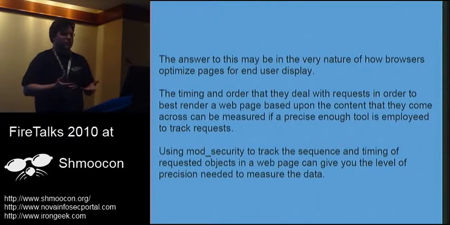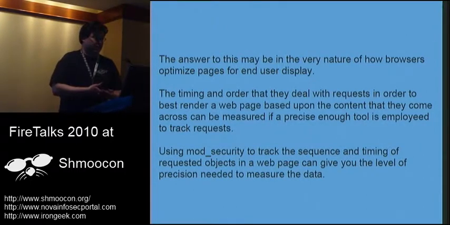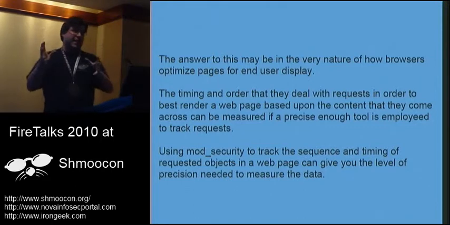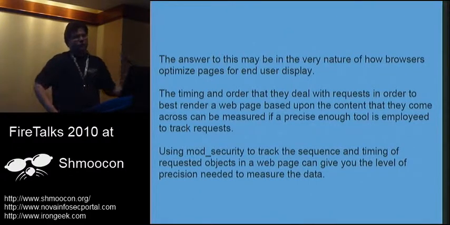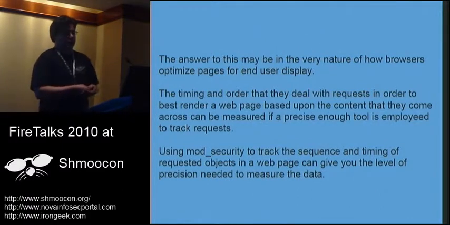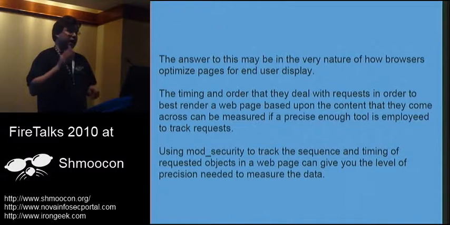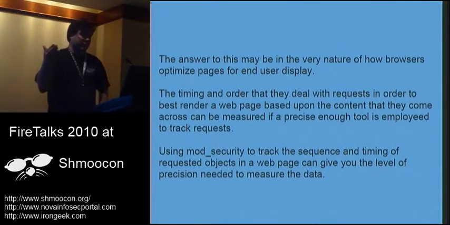For instance, if you use a WebKit-based browser, it tries to grab as much of the data at once and put it into memory as possible, versus older versions of Internet Explorer or Netscape, which will download things in a much more sequential manner, a lot like some of the toolkits out there will do. I went ahead and used ModSecurity because it's able to do very high precision detection of when people sent requests out.